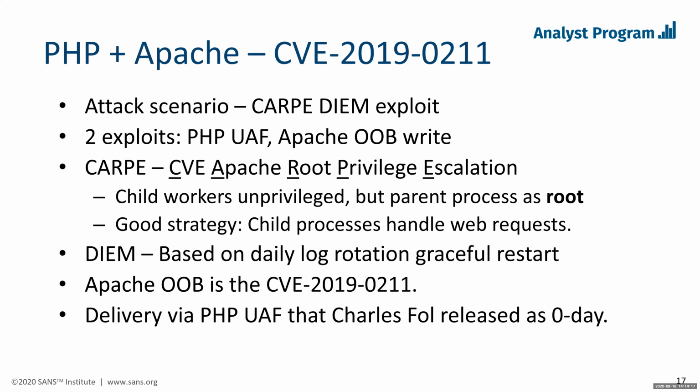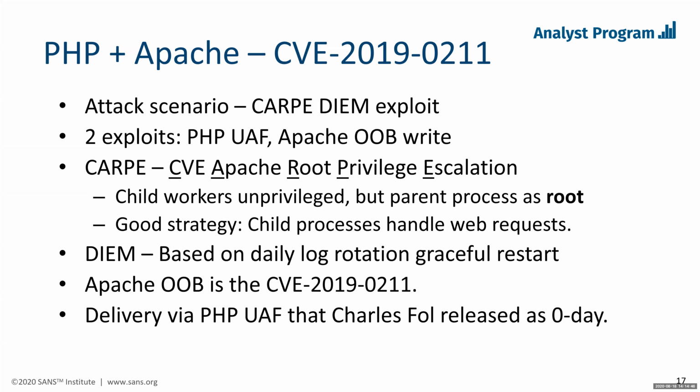This particular attack actually provides root level privilege escalation from a non-privileged state. This security strategy is sound, except for the fact that the child processes and the parent process actually share an area of memory. And so this is ultimately what is going to be attacked.